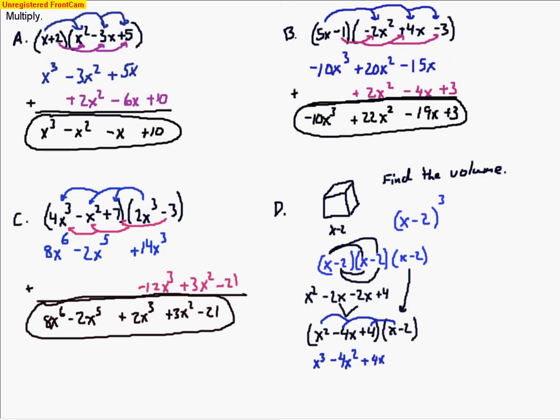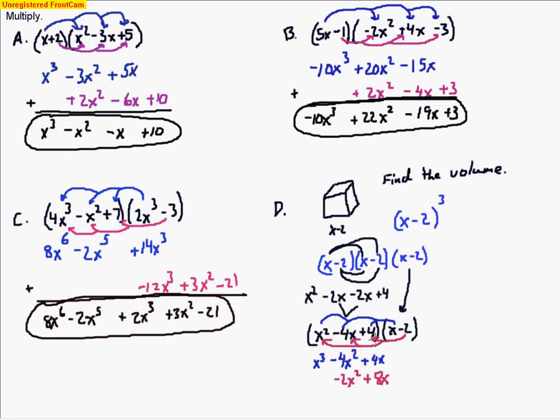Well, once we've done that, we move on to the negative 2. We multiply negative 2 by each of those numbers. And let's take a look at the negative 2 times x squared. That makes a negative 2x squared. Negative 2 times negative 4x makes a positive 8x.